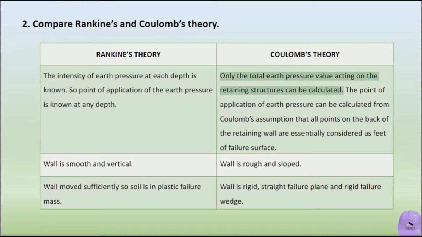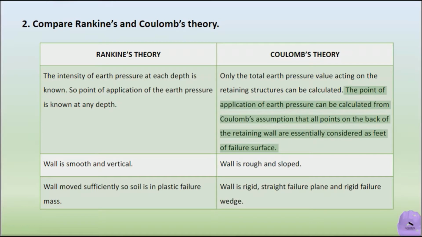Coulomb's theory: only the total earth pressure value acting on the retaining structures can be calculated. The point of application of earth pressure can be calculated from Coulomb's assumption that all points on the back of the retaining wall are essentially considered as feet of failure surface.